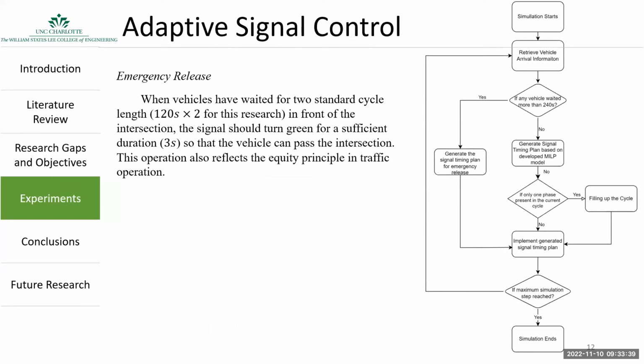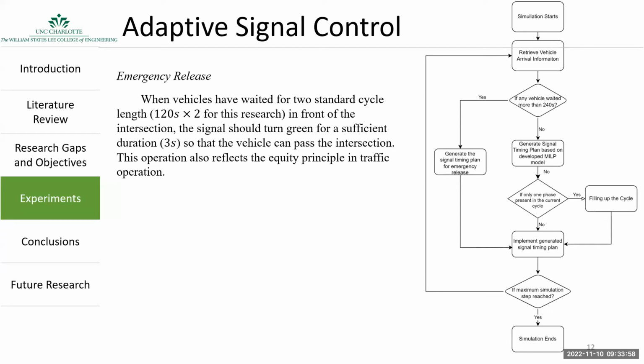So another one, the last one, is the emergency release. Since the traffic volume is unbalanced in the superstreet environment, chances are that the vehicles from the minor intersection might wait an excessively long time.